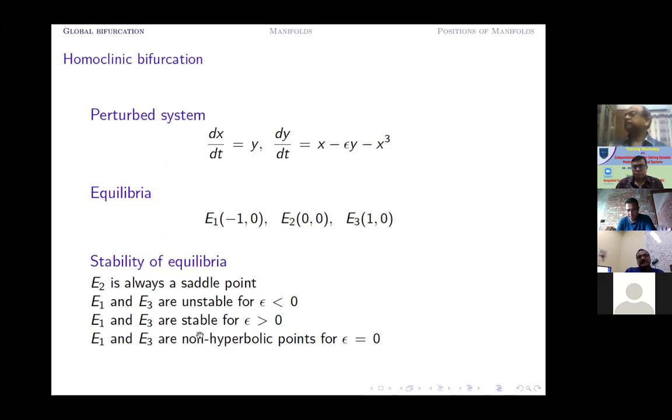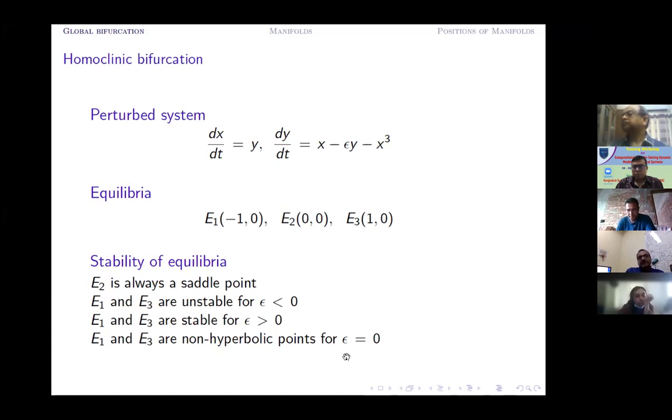So this is again a very nice example where you can see a change in the stability behavior of the equilibrium points E1 and E3: they are unstable for epsilon less than 0 and stable for epsilon greater than 0.